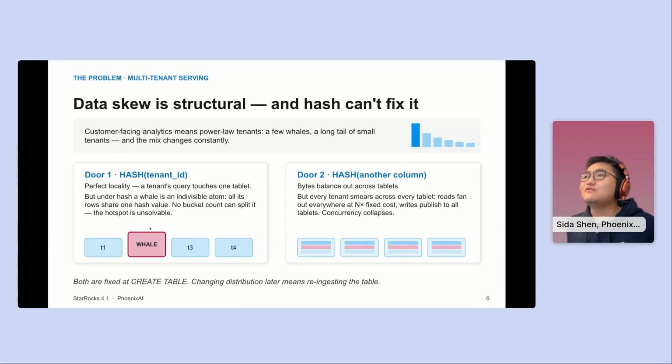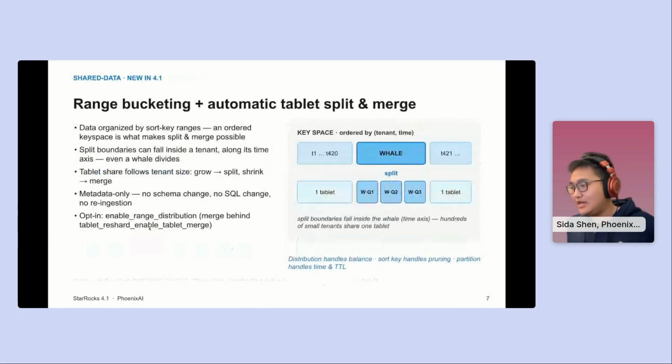So in StarRocks 4.1, we aim to fix that by supporting range bucketing and automatic tablet split and merge. So instead of distributing by hash, we now distribute by range. You can distribute by range on the tenant ID, right? And then we support automatic tablet split and merge. So let's say you have a big tenant here, right?